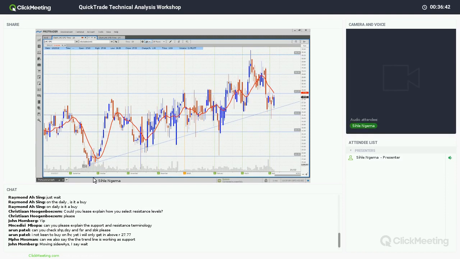Chances are if you go in here, you are going to make money on this trade. But for a high probability setup, it's better to wait for the price to first close above around 27.77. When you see that, then you can jump in and take a long.